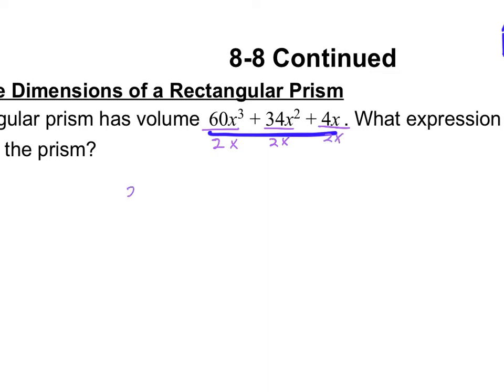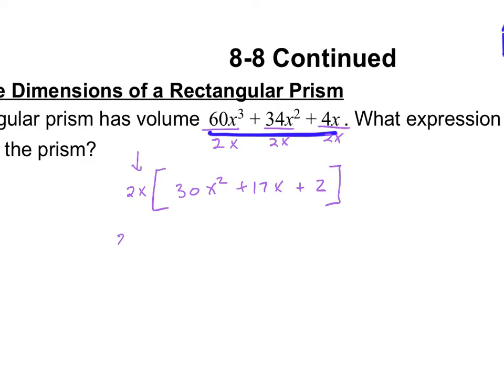So if I factor out a 2x from each one of those, that is going to leave behind 30x squared plus 17x plus 2. Now, I'm trying to think, as we move forward here, what can I do to continue factoring this? Because it looks like I have one of my prime factors right here, and that's going to be 2x.